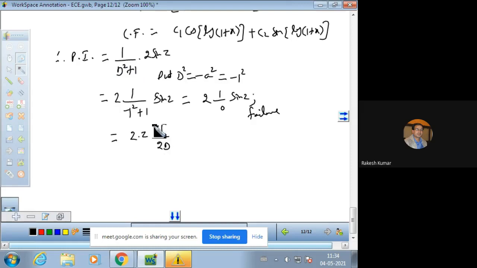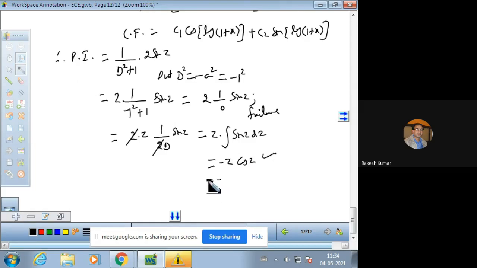So the derivative comes out to be 2D into sine of z. So z times 2 sine z over 2D. This 2 cancels with this 2. This is z, and 1 over D means integration of sine z with respect to z, that is minus cos of z. So this is the particular integral.